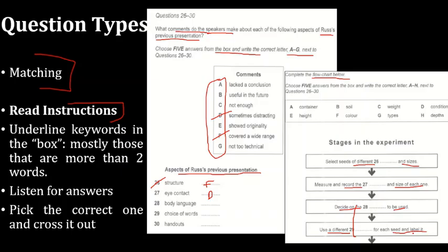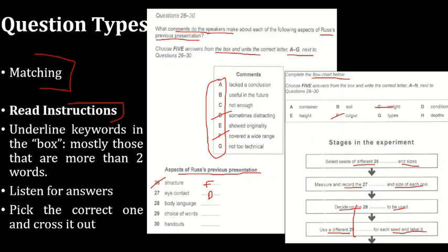Thereafter, you listen keenly as they talk about it. So as you hear the answer for 26, select C, different dash and size. Say if you think it's different color and size, fine. If it's different weight and size, that's also okay, based on what the speaker is saying.